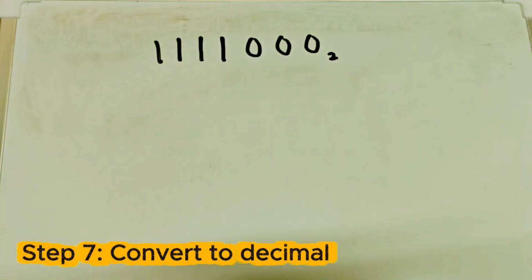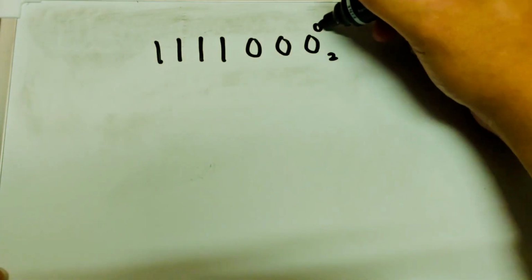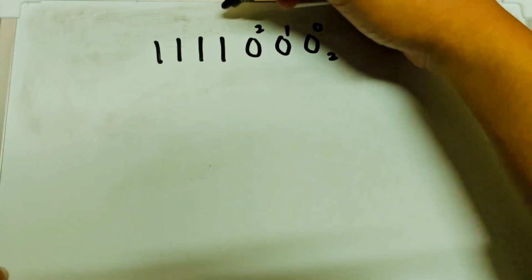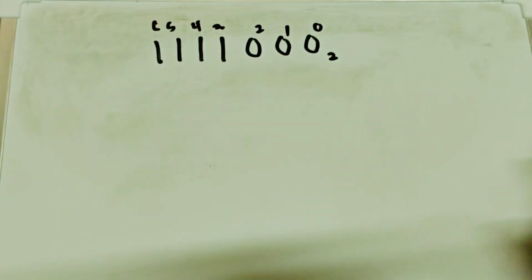For step 7, we need to convert the number that we got from the previous step to decimal. So, we convert our number to decimal as usual. 0, 1, 2, 3, 4, 5, 6.